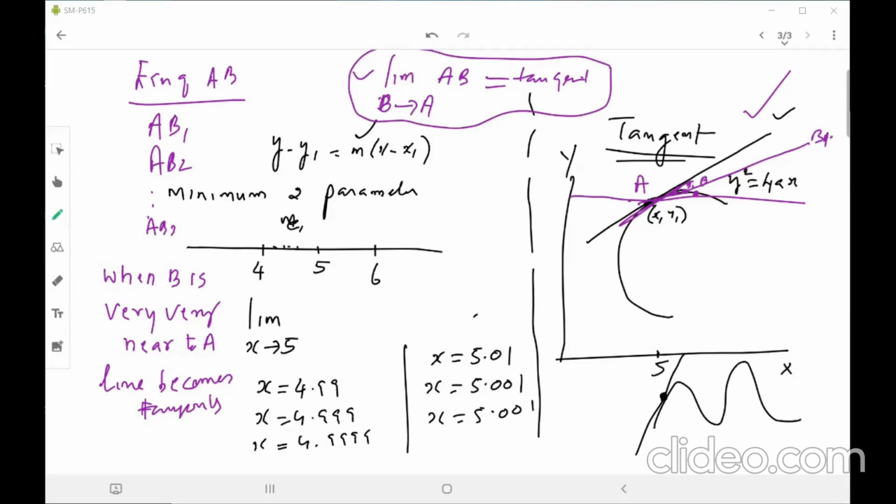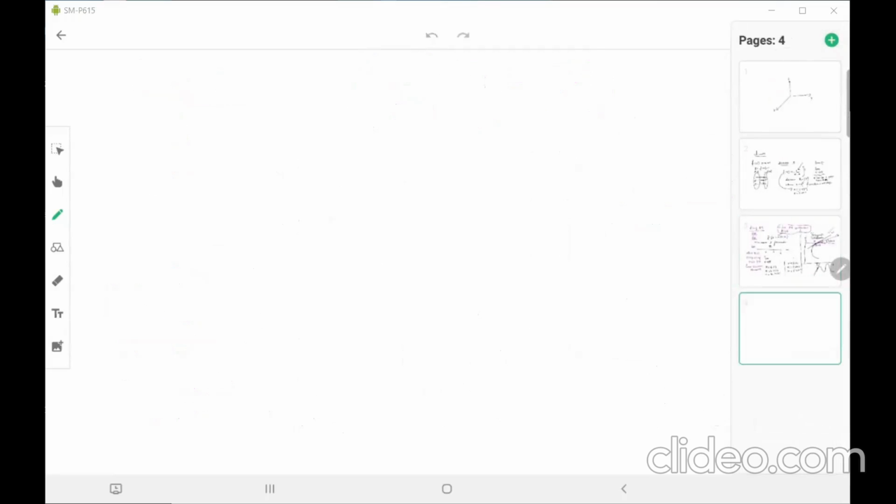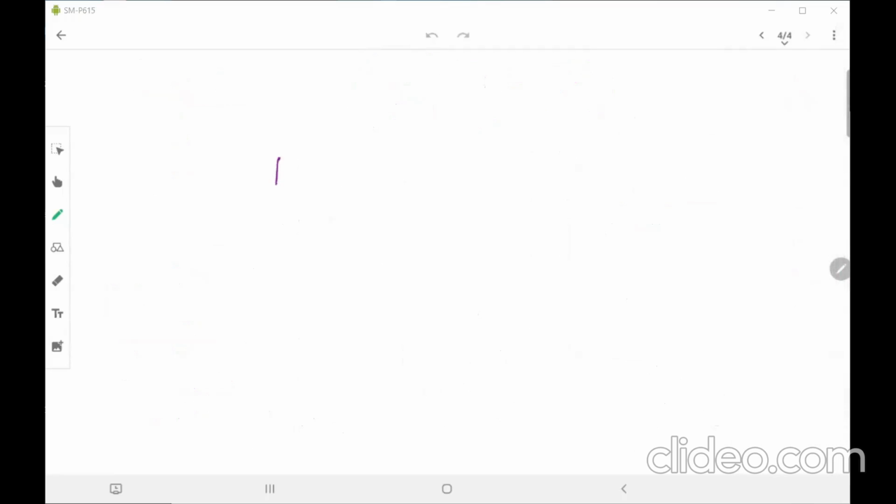Now I write the definition of limit. So the definition of limit I write as this: limit as x tends to a of the function f(x) equals some number L. Whenever you see this definition, what is the meaning of that?